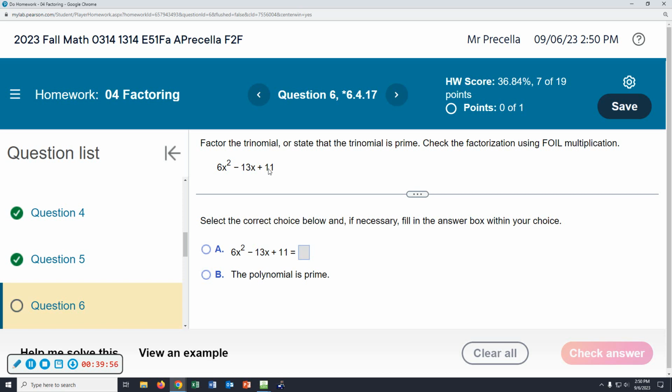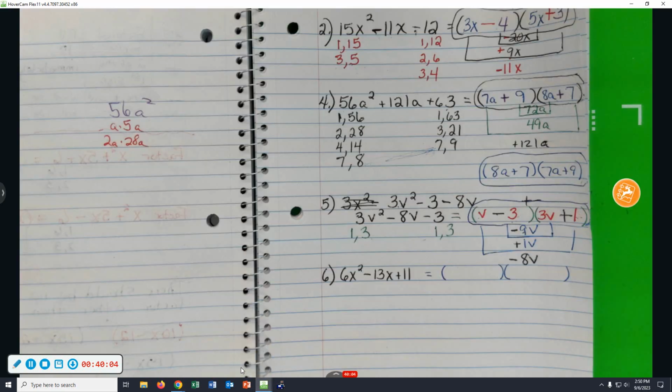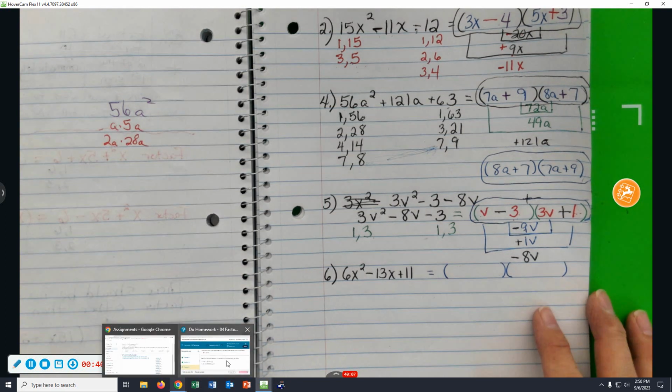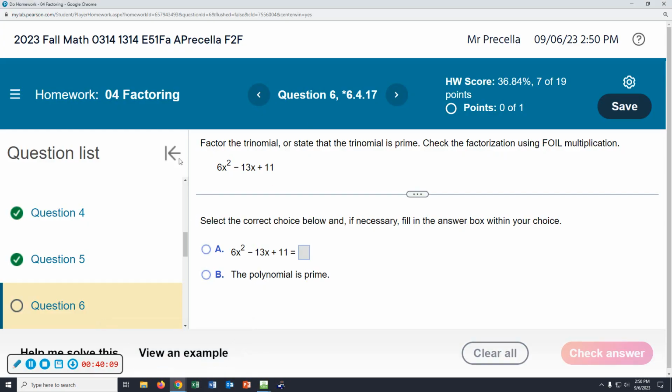So we're not going to have to change those. Let's call that standard form, or descending form. Most books call it standard form, but I like to call it descending order because the exponents are getting smaller. You have an exponent of 2, an exponent of 1, and then no exponent.